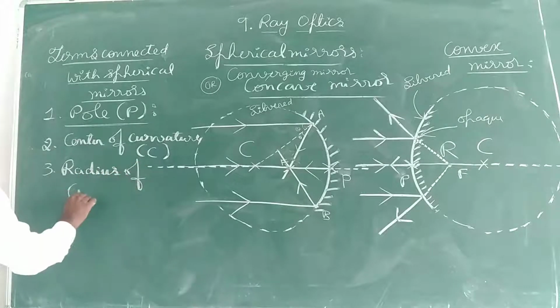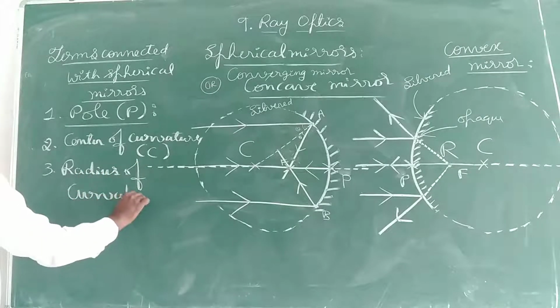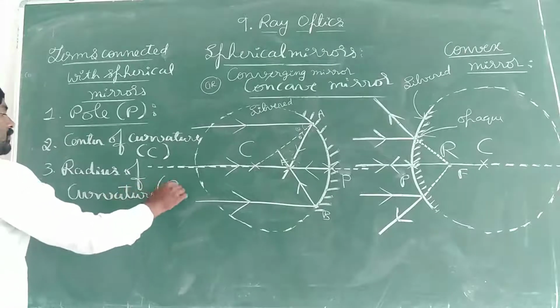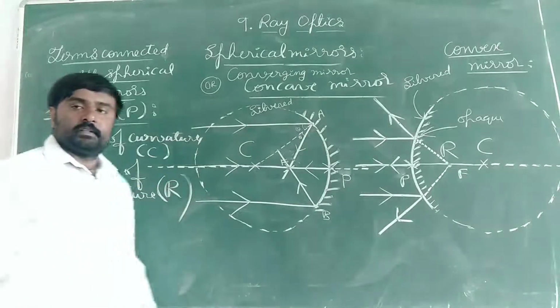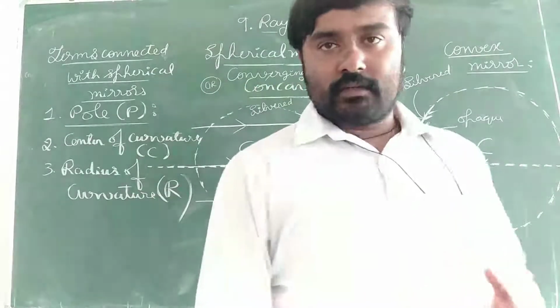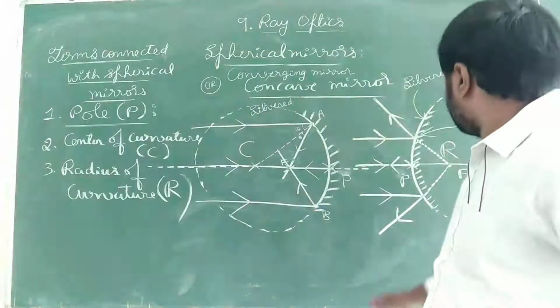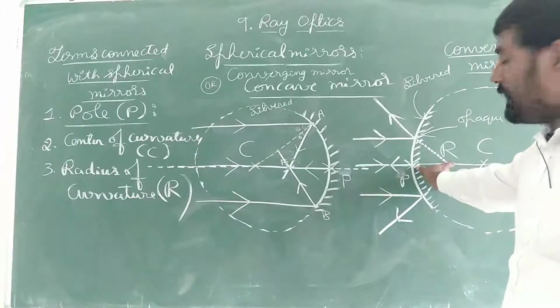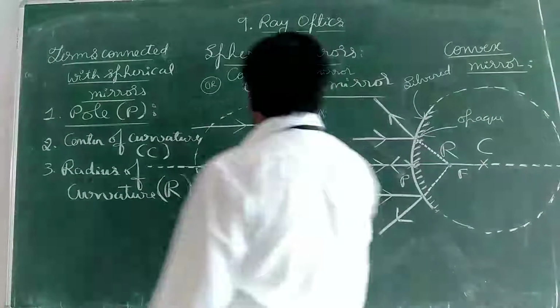Radius of curvature. The symbolic representation is capital R. What is the meaning of radius of curvature? That is the radius of the sphere.